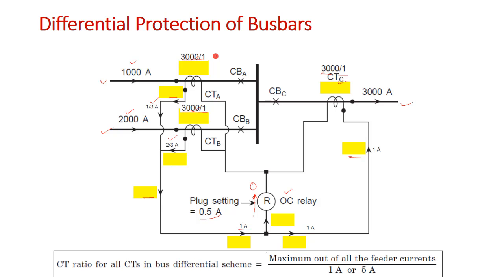So I can say that the CT ratio for all the CTs in a bus differential scheme will be the maximum out of all the feeder currents, divided by 1 ampere or 5 ampere, whatever the secondary current rating may be. So always we need to choose the maximum out of all the feeder currents, whether it is outgoing or incoming, it doesn't matter, but the maximum current needs to be chosen.